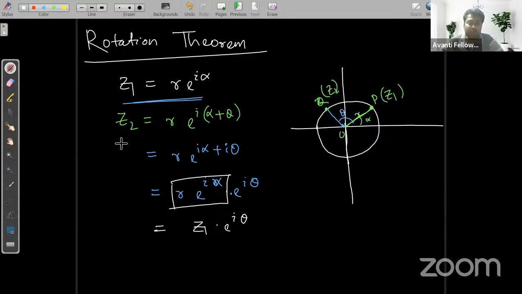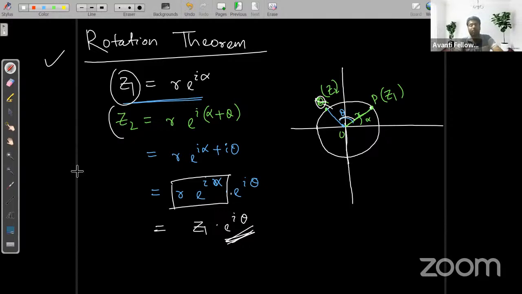Like here, if you multiply Z1 with e to the power I theta, then Z1 rotates by theta angle to Z2. That's why its name is the rotation theorem.